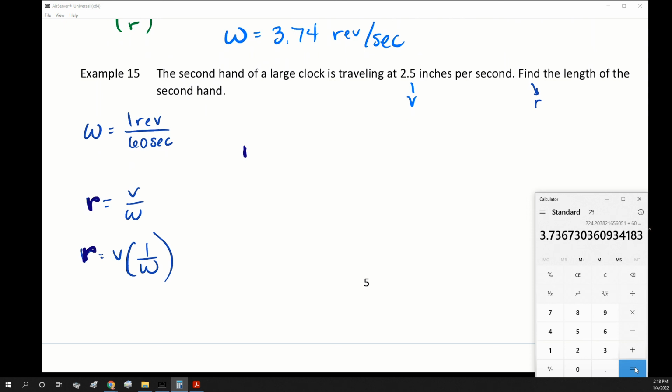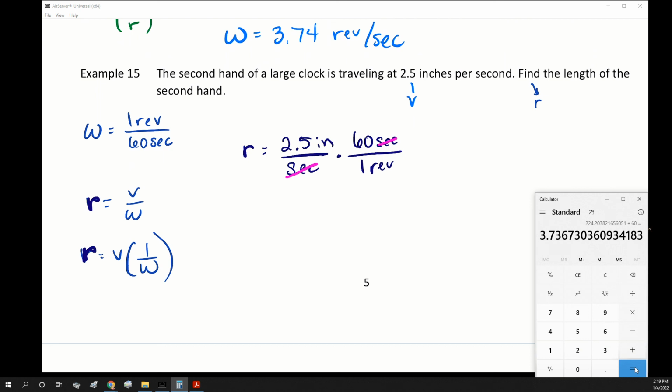So R is going to be 2.5 inches per second times the reciprocal of omega. So that's 60 seconds in one revolution. Seconds are going to cancel, which is good because there shouldn't be a time unit in a radius. But there also shouldn't be an angle unit. So this is 2.5 inches per revolution.